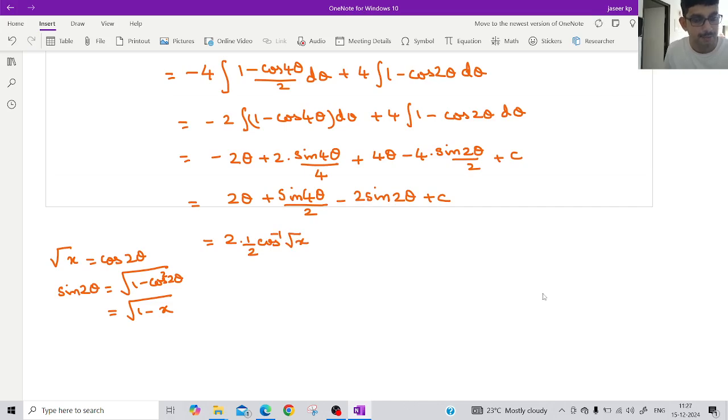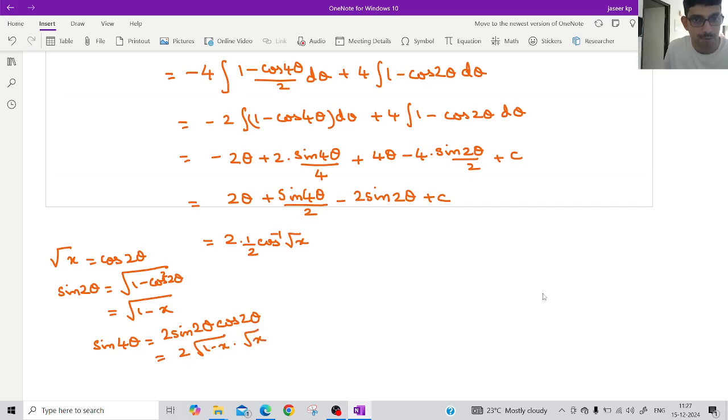And sin 4 theta is 2 sine 2 theta into cos 2 theta, that is 2 root of 1 minus x into root x.